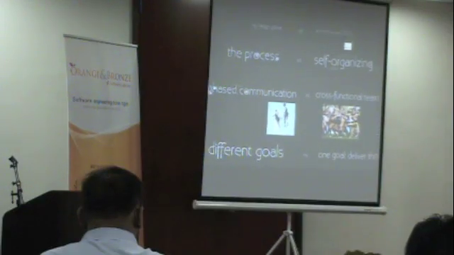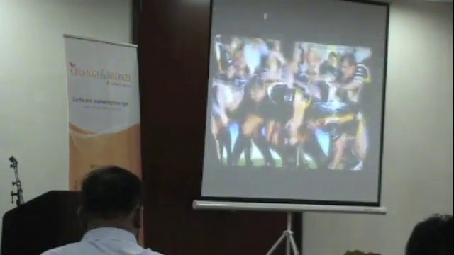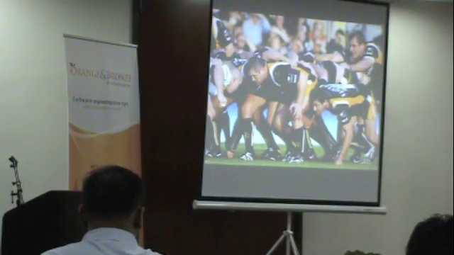Okay, so I've already talked about cross-functional teams. So unlike relay races, it's like rugby, wherein your QA, your developer, your business, and whoever is part of the process of software development are together, not in phases.